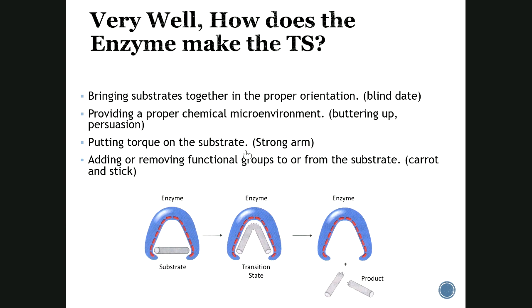Sometimes it just needs a little bit of effort to make the reaction happen or break that bond. Sometimes you just have to rip the Band-Aid off. Or the enzyme could remove functional groups to or from the substrate. Carrot and stick: you come here, give me that, and I'll give you that. It's kind of a trade-off, and works the same way as the buttering up and persuasion.